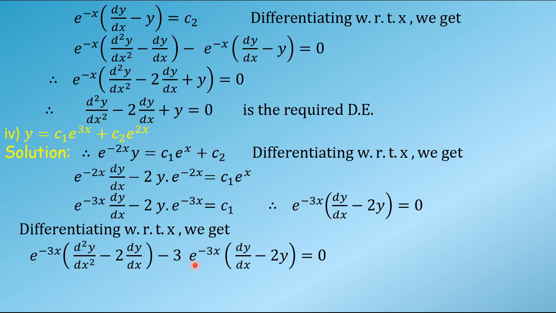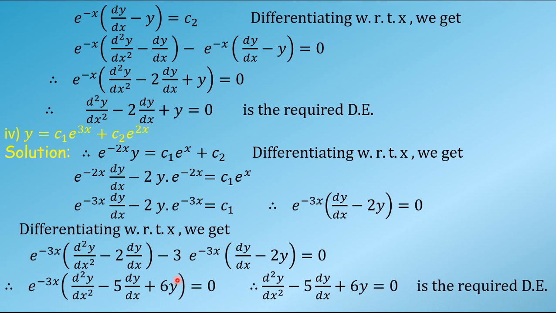E raised to minus 3x derivative is minus 3 e raised to minus 3x dy by dx minus 2y equal to 0. Then collecting the parts, e raised to minus 3x common and e raised to minus 3x is equated with 0. We get the answer d2y by dx square minus 5 dy by dx plus 6y is equal to 0 is the required differential equation.